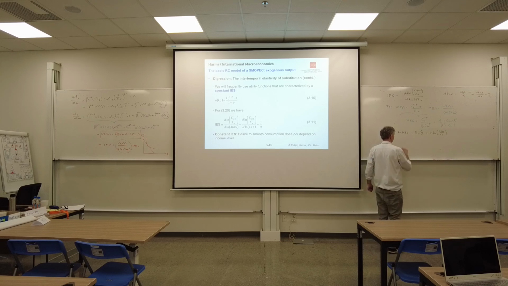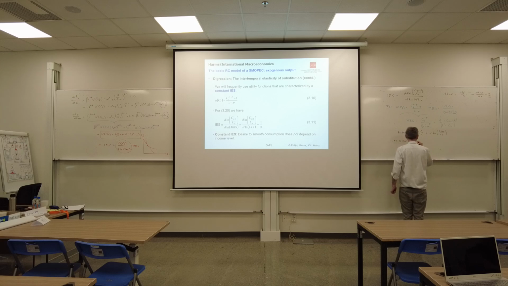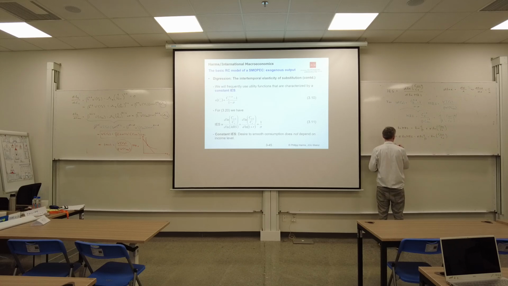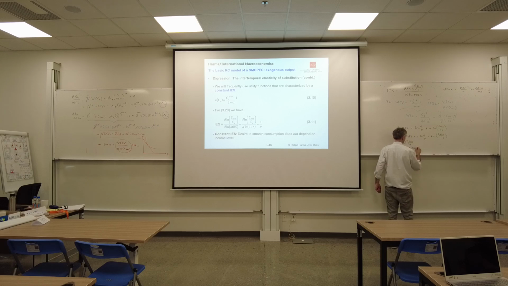Now let's multiply both sides by sigma, and you get sigma times log marginal rate of substitution minus sigma log 1 over beta equals the log of Cs plus 1 over Cs. And now let's take d ln Cs plus 1 over Cs over d log MRS, and that gives you sigma.